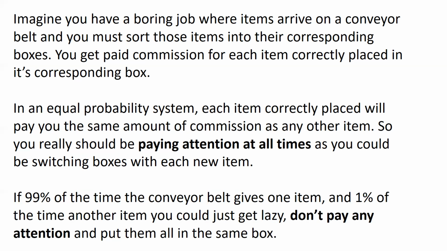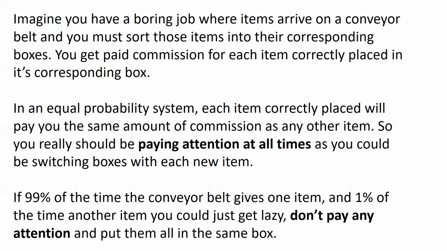However, if we have a state where 99% of the time the conveyor belt gives you item A, and 1% of the time it gives you item B, you could say, well, if I just put all the items, regardless of what comes out, in box A, I get paid 99% of the time. And so you just don't have to pay as much attention.